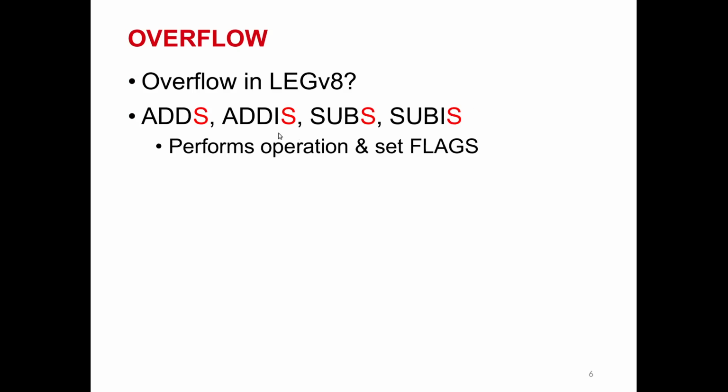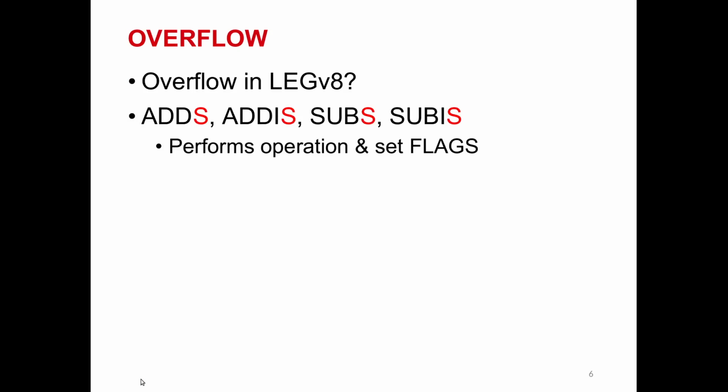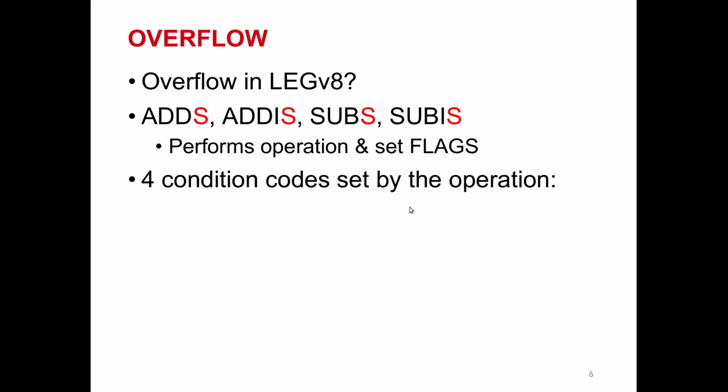After doing the addition or subtraction, this instruction will set the flag by these overflow bits, so you can know whether the result is over the range of your bit set. Overflow will show you whether it is over your range. You have 4 condition codes set by the operation.